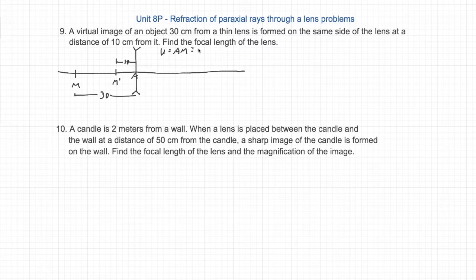We have u, which is equal to AM, is a negative 30, and u prime, which is AM prime, is a negative 10, going from right to left. And we will solve for the focal length by plugging into our lens formula.